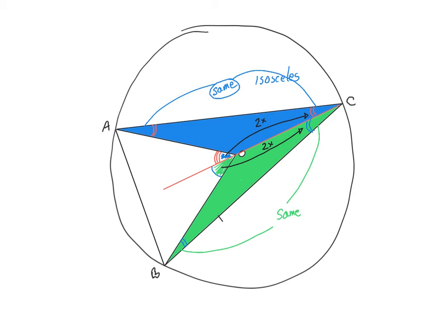But can you see what we've done? We've now shown that this angle all together, both of them together, is twice this angle. And so we've proved the theorem, which is that the angle at the center is twice the angle subtended at the circumference by the chord AB.